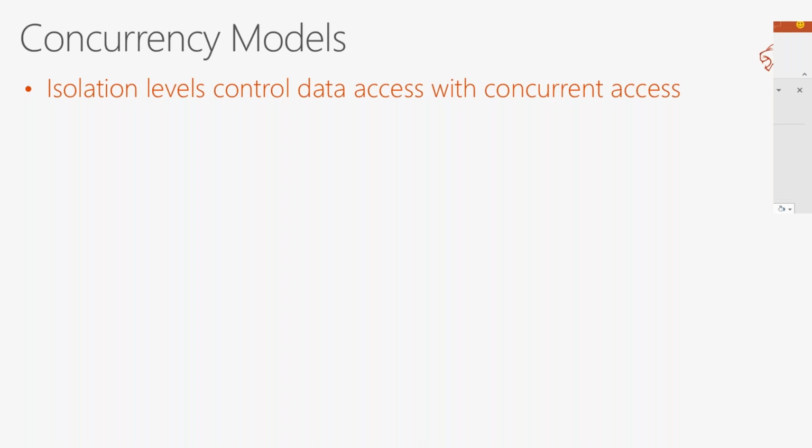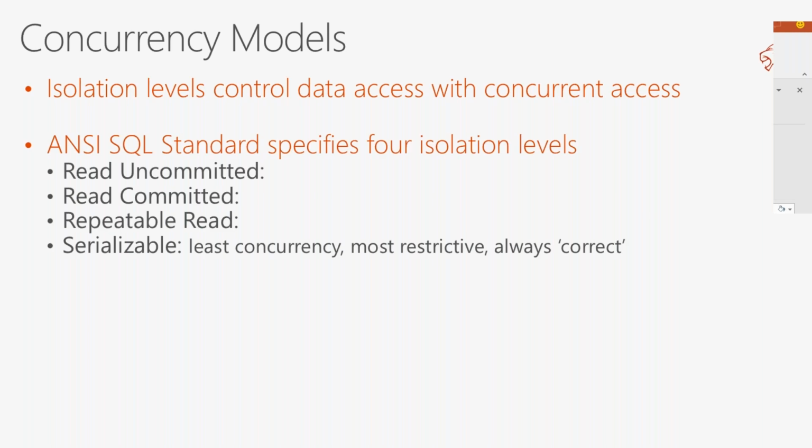So nobody should see your account to say, yeah, Sunil has this much money in the account, because I have not yet committed my transaction, right? However, when I commit my transaction, then everybody who has the permission to see my account should be able to see that, right? So there is a state of the database during a transaction while it is not committed, and there's a state after the transaction is committed.